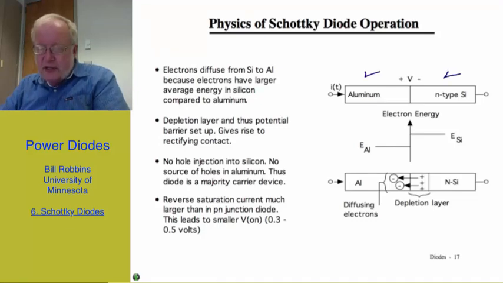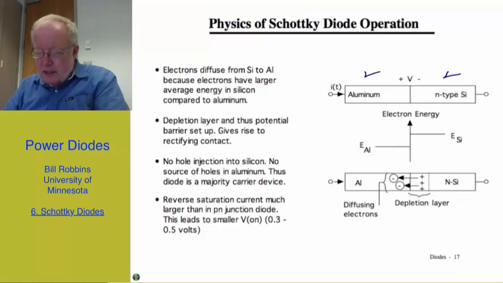The average free electron energy, that is the conduction electrons, in the n-type silicon is higher than the energy of the electrons in the aluminum. This energy is with respect to an electron in free space a long distance away from the diode. So it takes more energy to pull an electron out of the aluminum than it does the silicon.